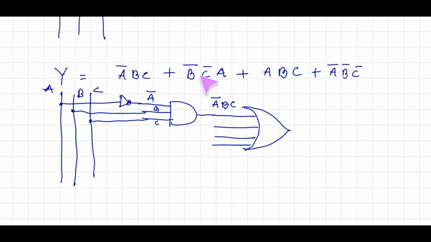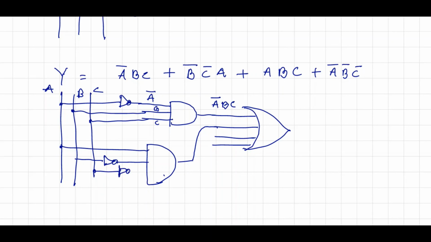For example here it is b bar c bar a. To this we need to connect another AND gate with three inputs: a, b bar and c bar. So a is there, b is there but inverted to make b bar, c is there and inverted to make c bar.